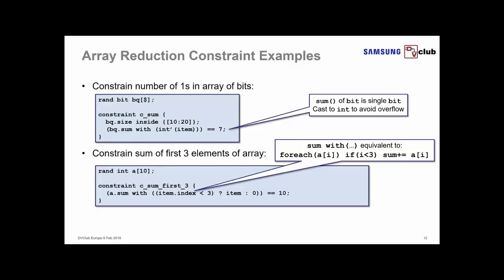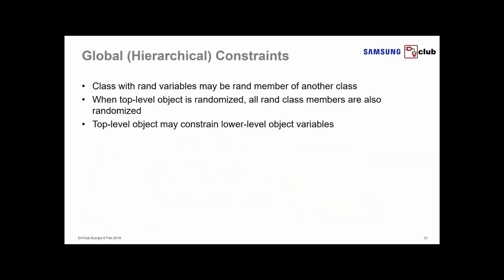Otherwise, I want to add 0. Then I want the sum of those first 3 elements to be equal to 10. It's a somewhat contrived example, but it illustrates how you might use this technique. And here, item is equivalent to the array element itself, a of i, and item.index is equivalent to i in my iteration expression.